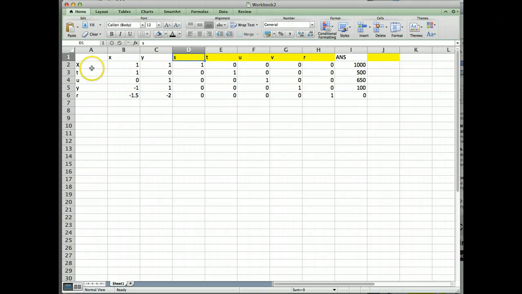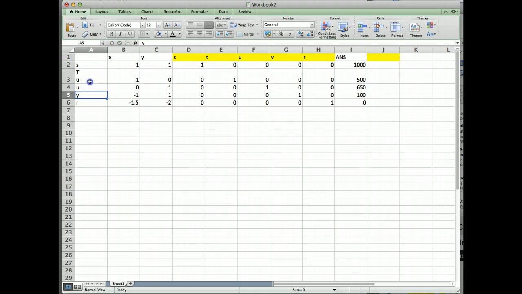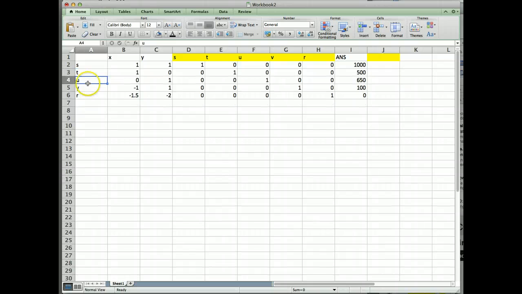The slack variables actually become the row identifiers. So we'll identify the rows as S, T, U, and V, and R.